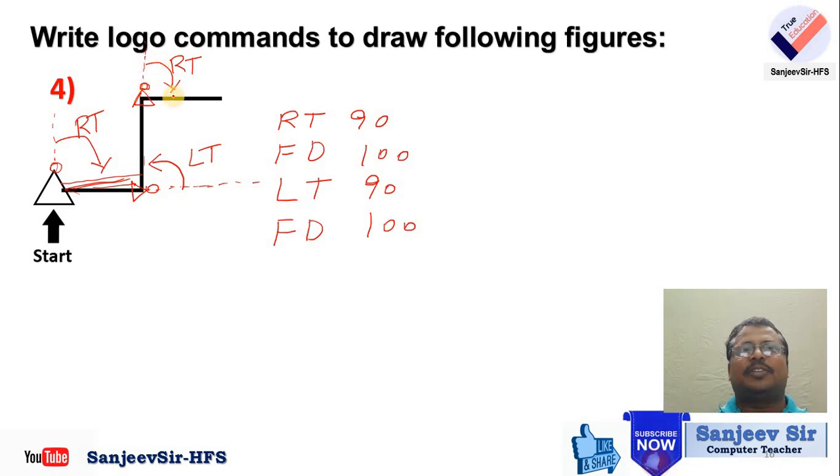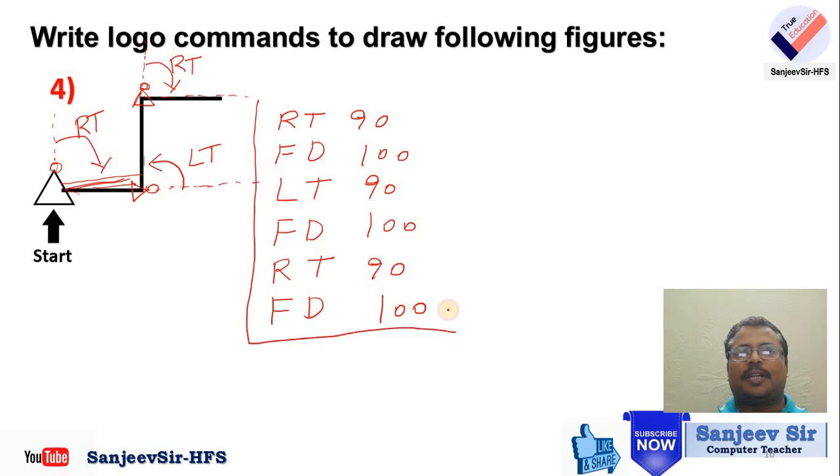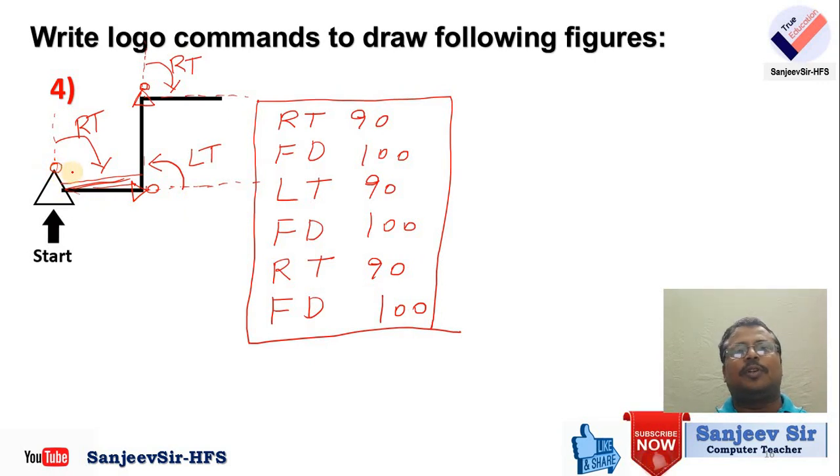After that the turtle will be here, and the turtle head will be in this direction. But the turtle needs to turn, because the turtle needs to draw in this way. So right turn again, here RT 90, and after that the turtle will draw that number of steps, here FD 100. In this way, to draw that 4 figure, we have to write all these commands. First we need to change the direction of the turtle head, in which direction the turtle has to draw the line.